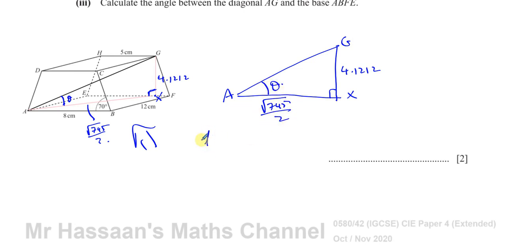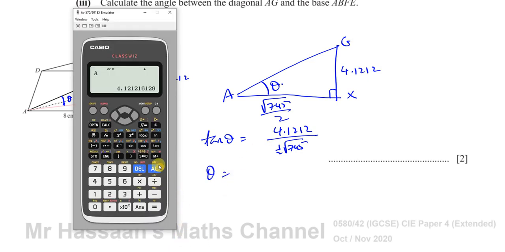So we can use the tangent. So we say the tangent of theta equals 4.1212 divided by a half of root 745. So therefore, theta is equal to inverse tan of all of that. So I'll say inverse tan of, and I'm going to put recall A divided by 0.5 times the square root of 745.